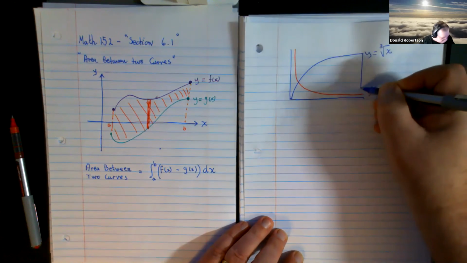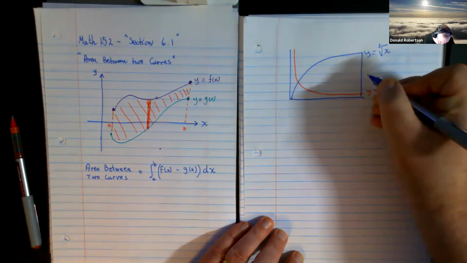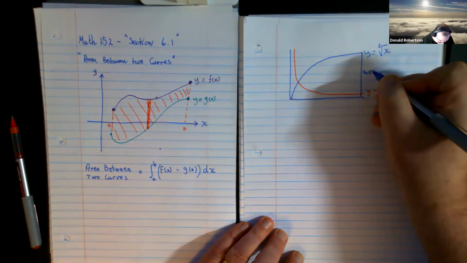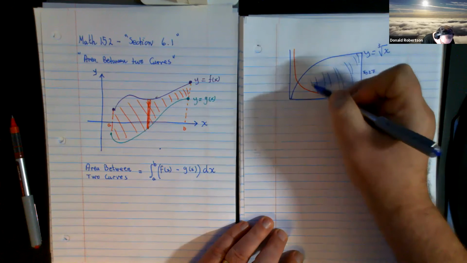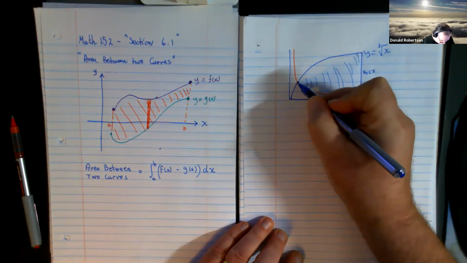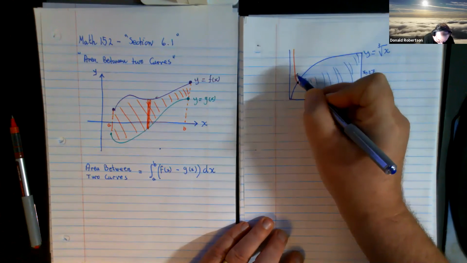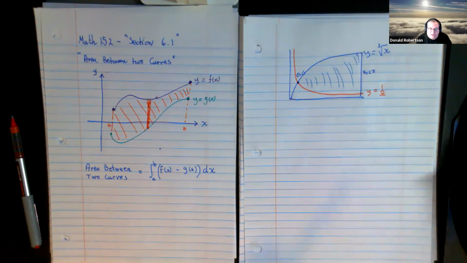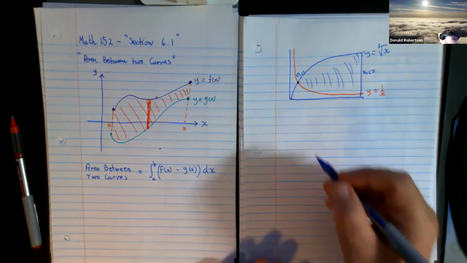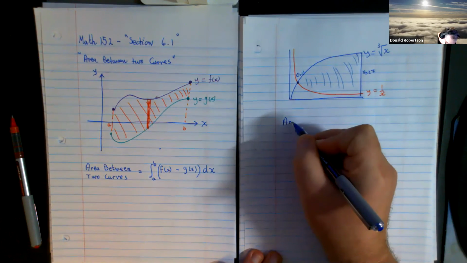You got this guy, a vertical line, and this vertical line tells you this. The area that you want is this bit here, and this coordinate here is 1, 1. So we have everything that we need in this picture to set up the area between two curves.